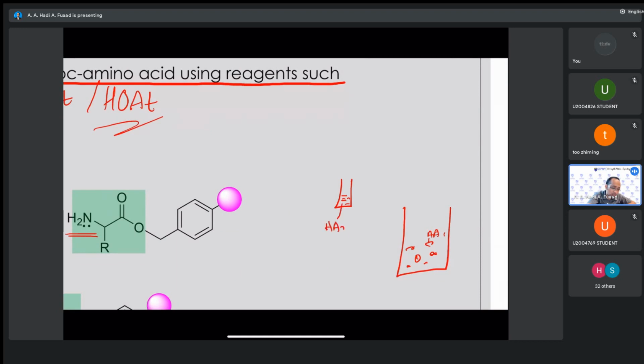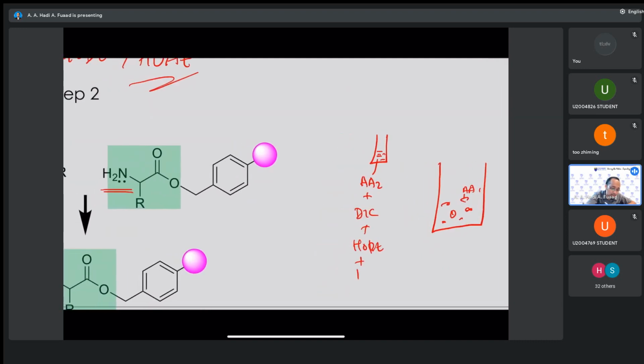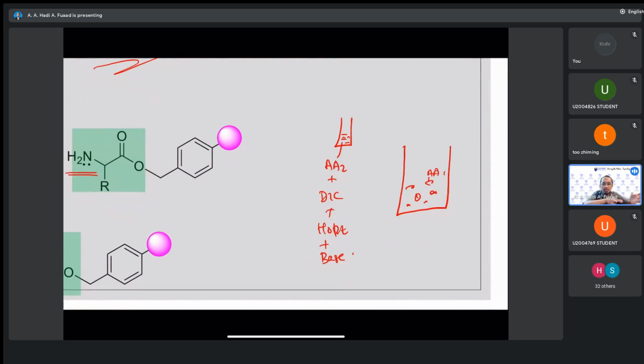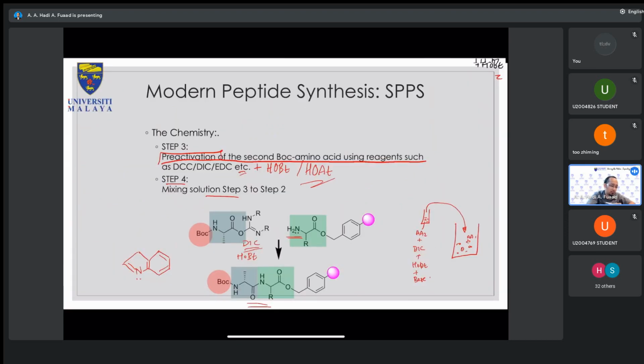So amino acid number 2 is there, plus DIC, for example, plus HOBt, and of course a little bit of base. So you pre-activate it, meaning you do it outside of the environment, and then after a while you transfer it here. Okay, so that's what is meant by pre-activation.